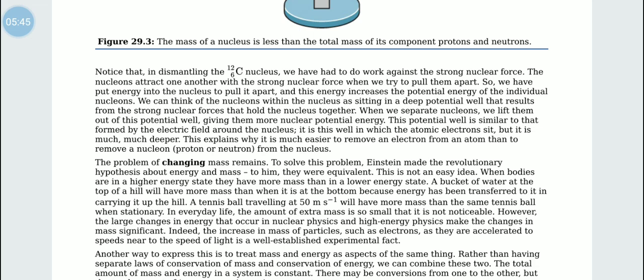Even though we can say this, how are we going to prove it? The thing about this is, when a body or a particle is in a higher energy state, it has more mass than in a low energy state.